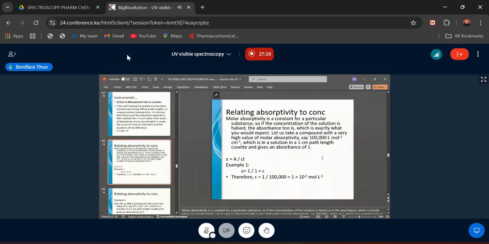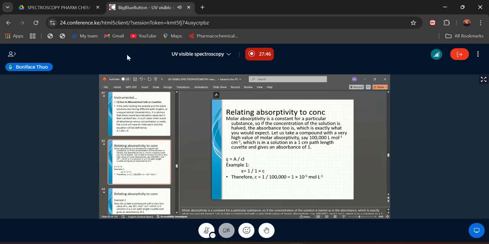So how do we relate the amount of the substance to the absorbance? We have mentioned that you can use molar absorptivity or specific absorptivity, and this is just an elaboration of that fact.